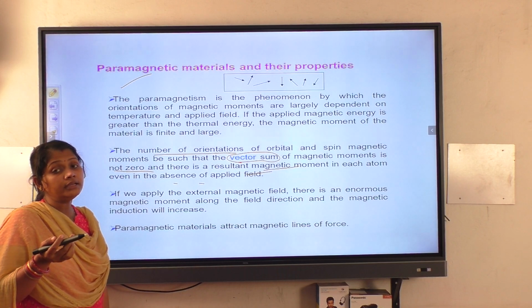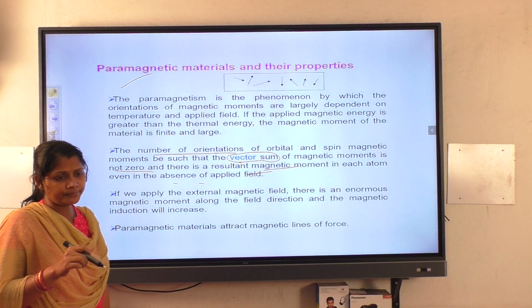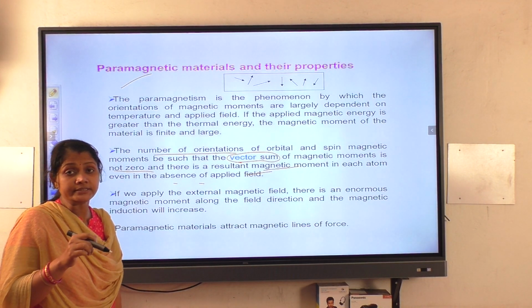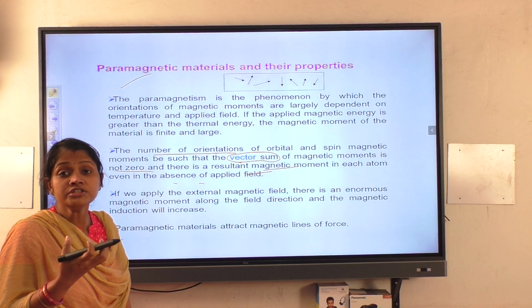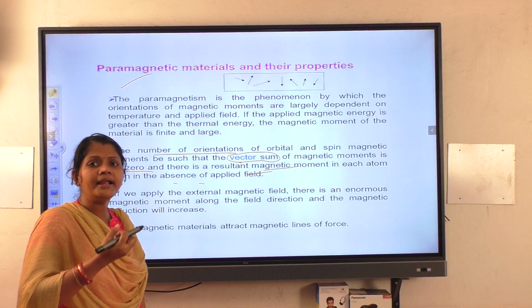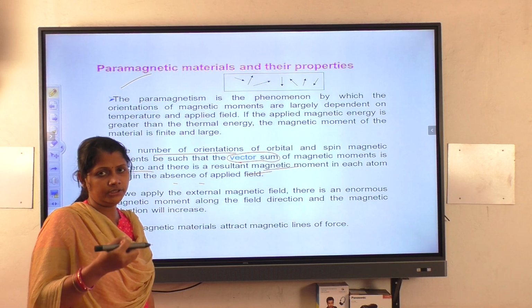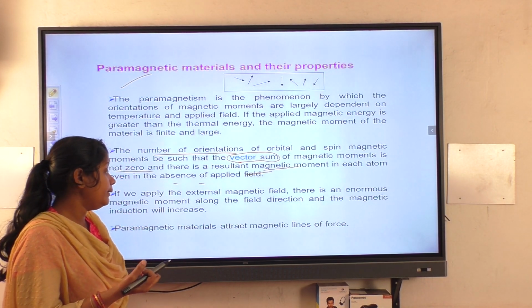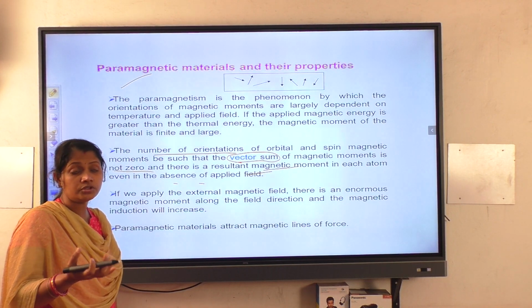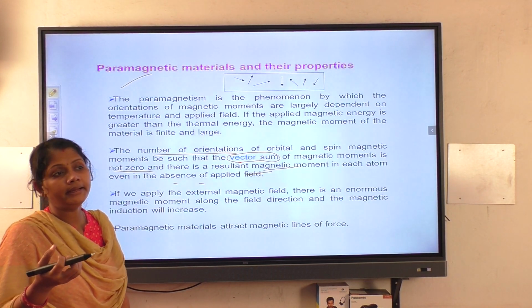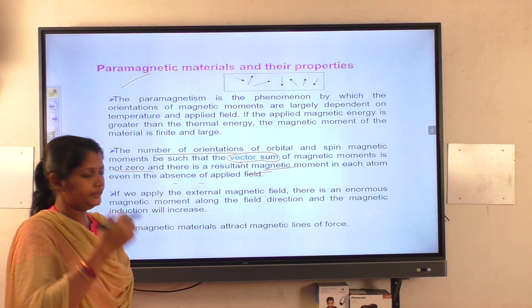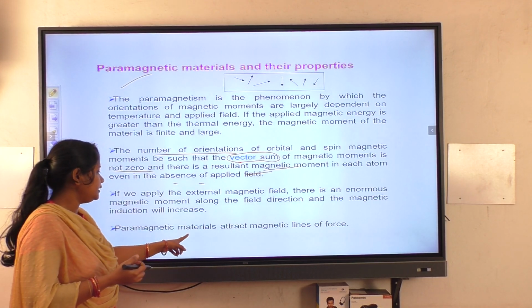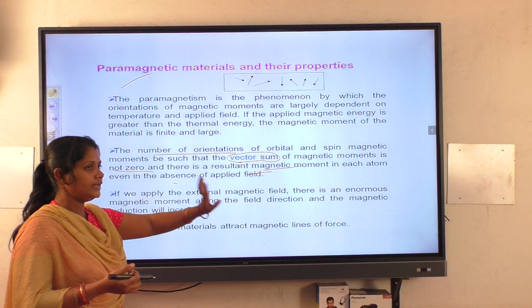And paramagnetic materials exhibit a force of attraction between the applied magnetic field and the induced magnetic lines of force, or induced magnetic moment. The paramagnetic materials attract magnetic lines of force.